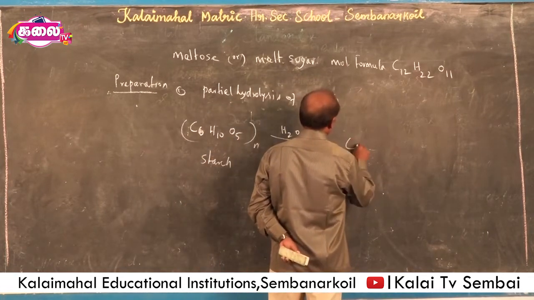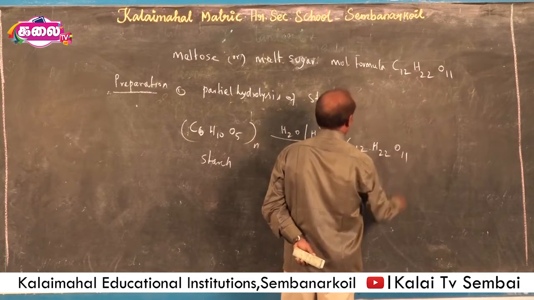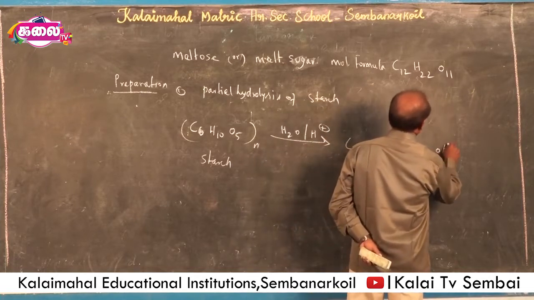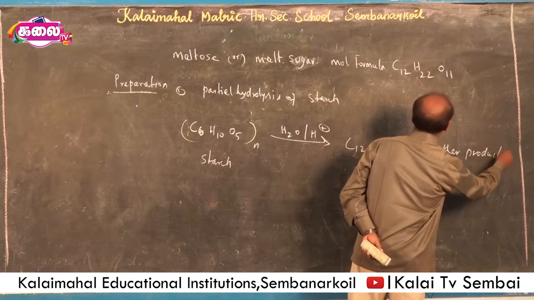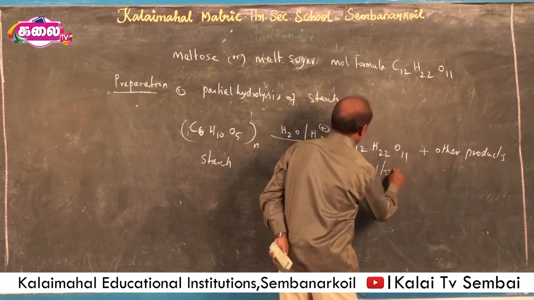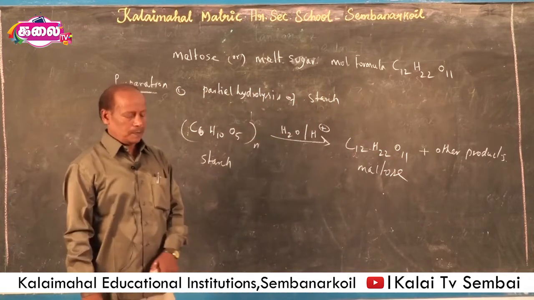We get C12H22O11 plus other products. Other products means it may be glucose.